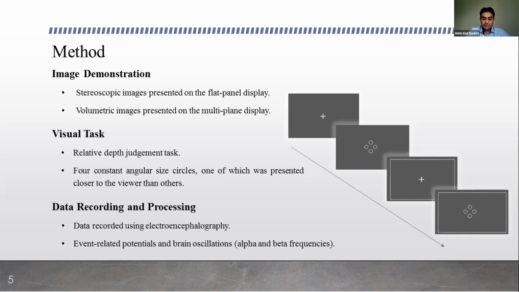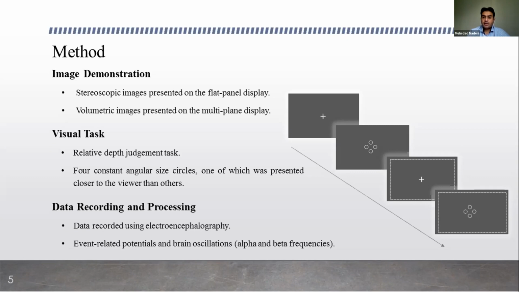The visual stimulus consisted of 4 circles with a constant angular size. One of the circles had a different disparity compared to the others. The task was to detect the closest circle and report its relative location by pressing one of 4 directional keys on the computer keyboard.